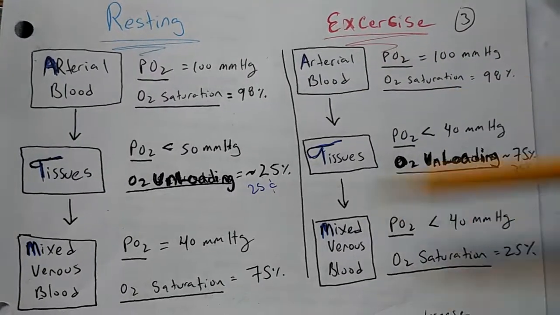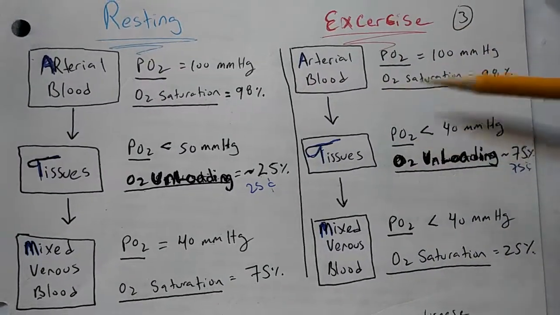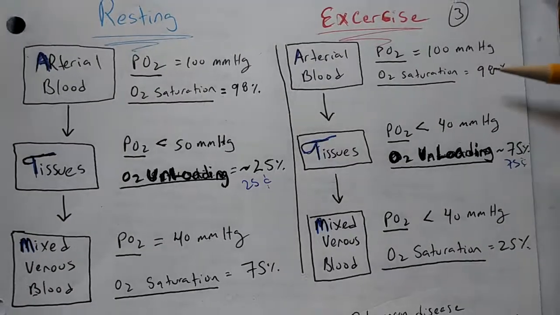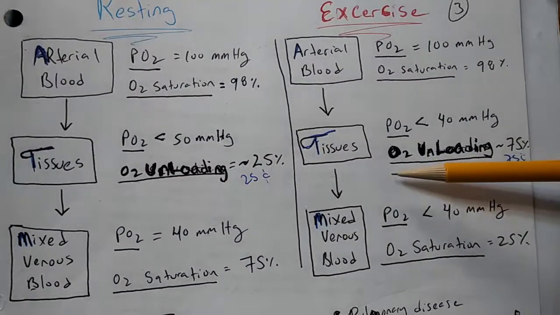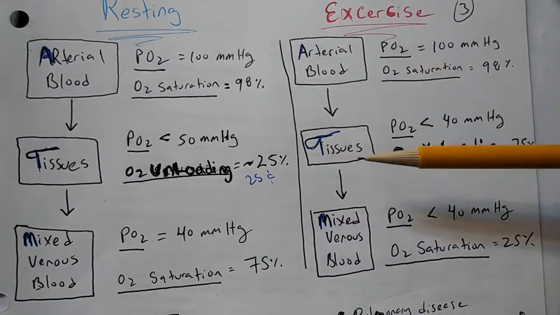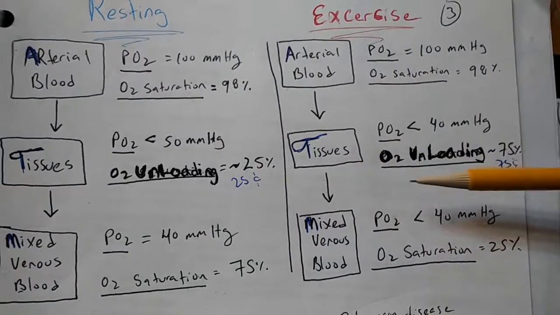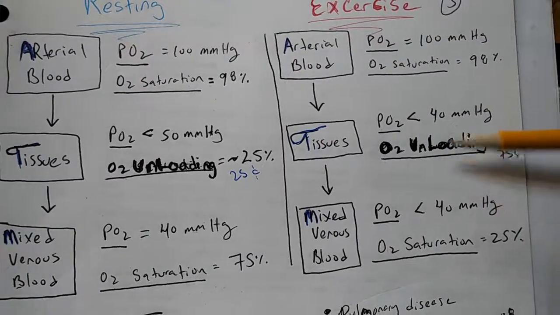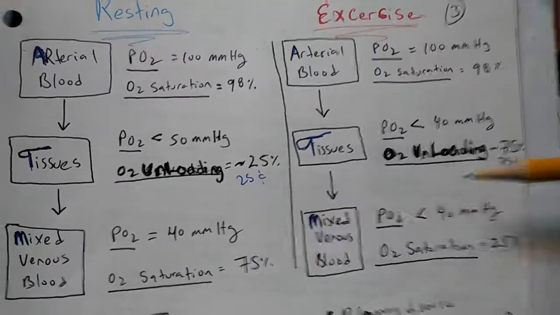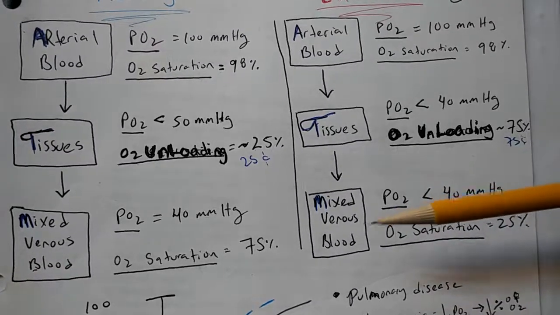Again, the ATM machine: we start off with O2 saturation of, let's say, 4 quarters or 4 tokens. Then from the arterial blood, once we reach the tissues, we have to unload 75%, or we have to feed the machine 3 tokens. Then we reach the mixed venous blood.